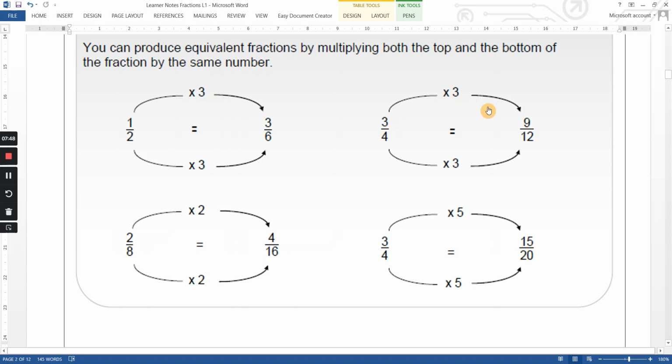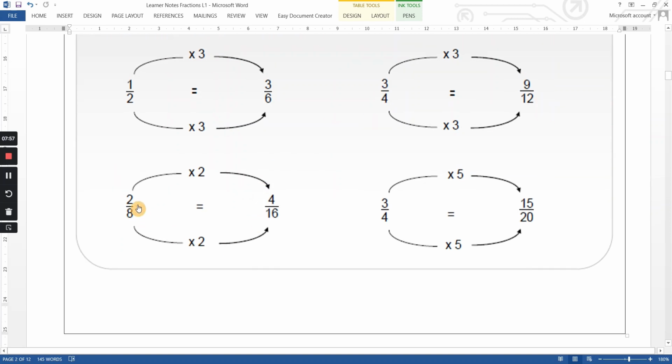If you have 3/4 multiplied by 3, both top and bottom, you'll get 9/12, which is equivalent to 3/4. 2/8 is the same as 4/16, and 3/4 is the same as 15/20. Sometimes you'll be multiplying, sometimes you'll be dividing, going the other way if you're simplifying fractions.